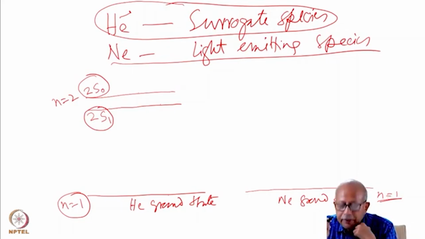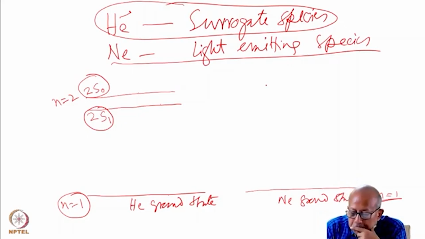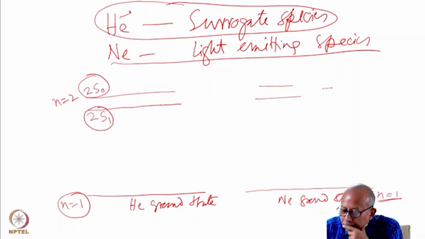And interestingly, neon offers multiple lasing transitions originating from two upper laser levels and two corresponding lower laser levels.